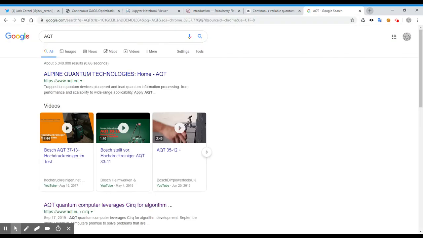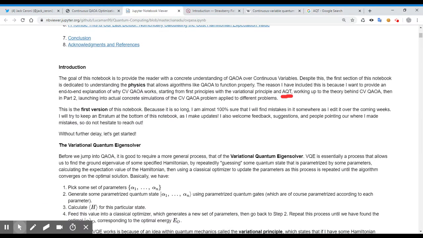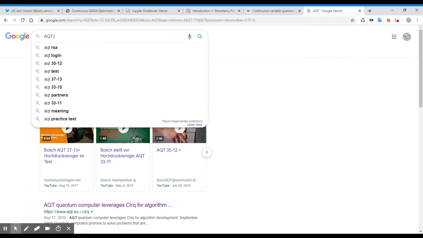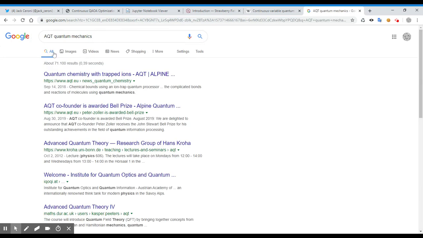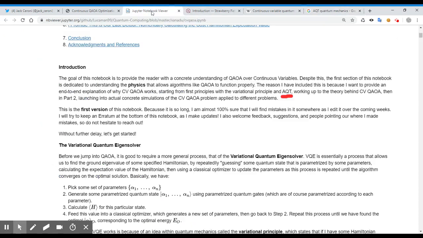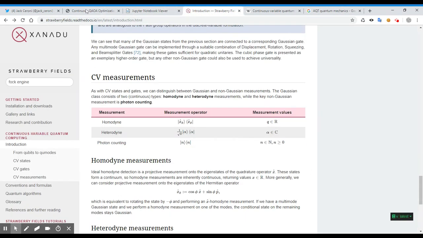Alpine Quantum Technologies. I don't think that's what it is. Okay, with the variational principle, quantum mechanics, maybe. I don't know. Where was I?